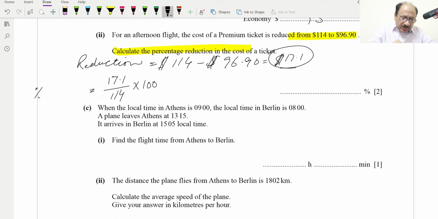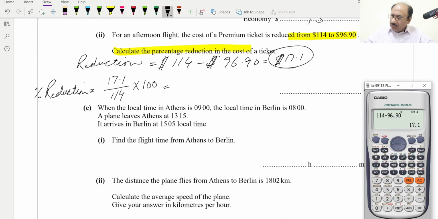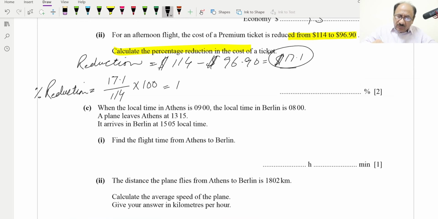So we can write here percentage reduction will be equal to 17.1 over 114, and this will be multiplied by 100, and this will be equal to 15, and we can write here 15%.